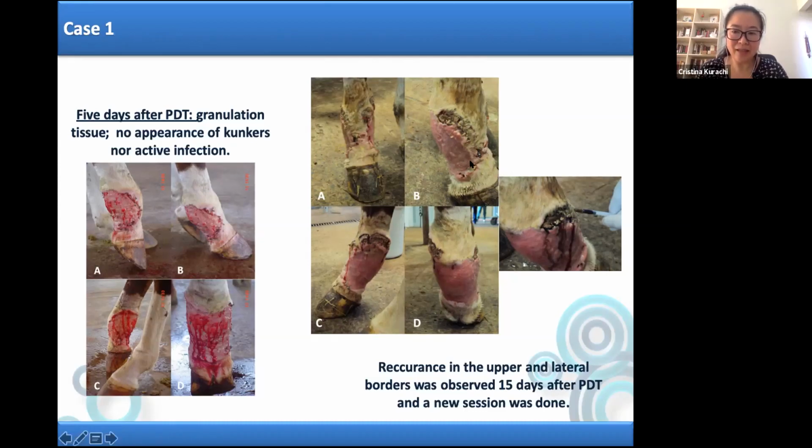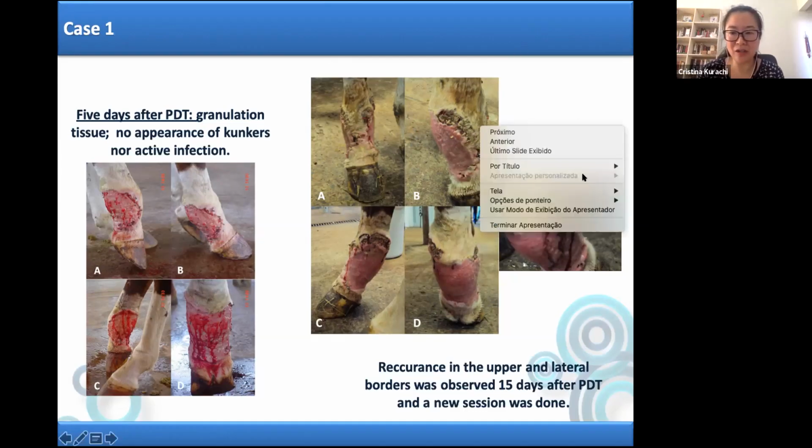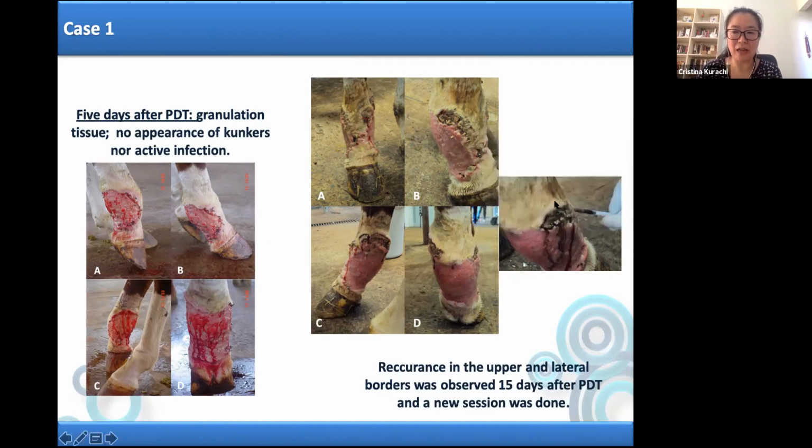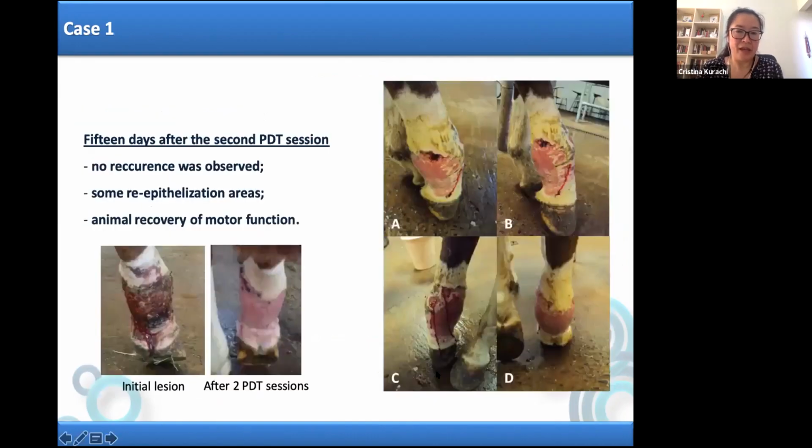So at that time, we performed a second PDT session on those parts where we could see clinically infected lesions, again using intralesional application of the chlorine. This was the aspect 15 days after the second PDT session. Again, we didn't have any clinical aspect of infection in the lesion.